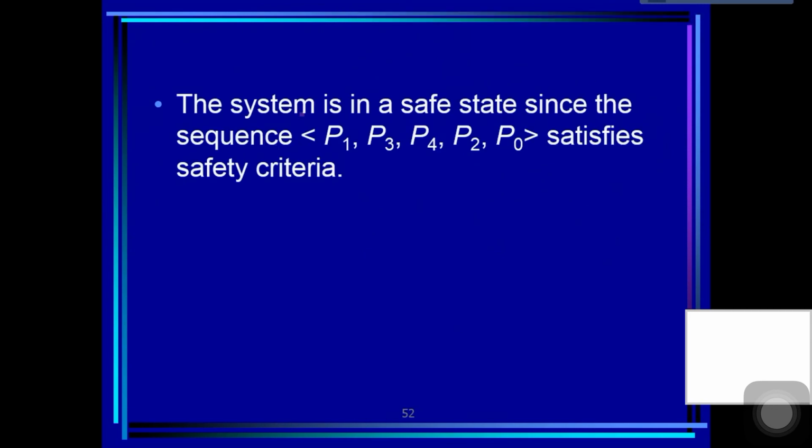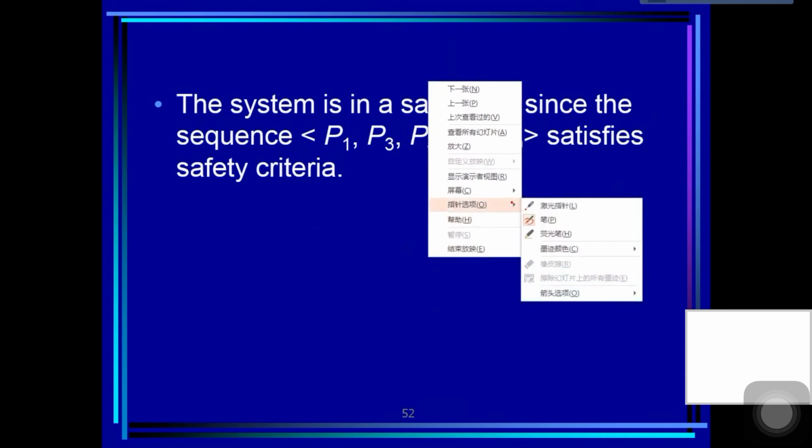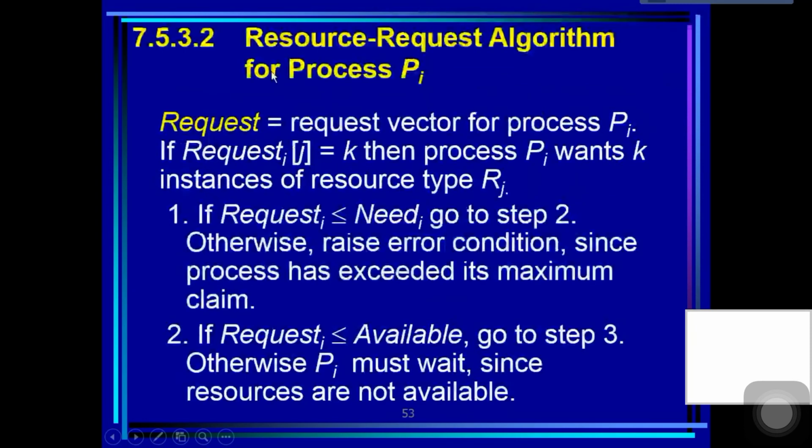And so the system is in a safe state since the sequence satisfies safety criteria. And the second, for the banker's algorithm, is resource request algorithm.